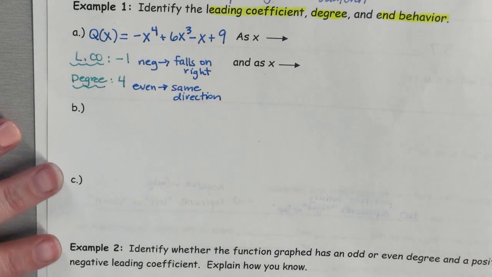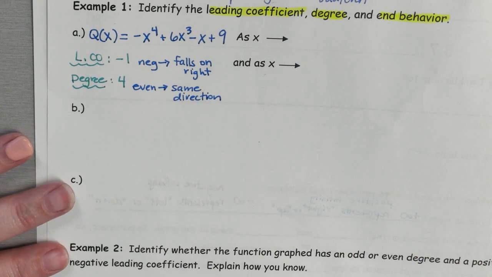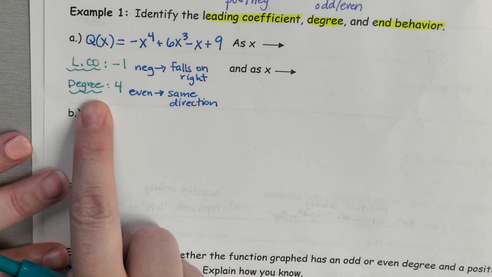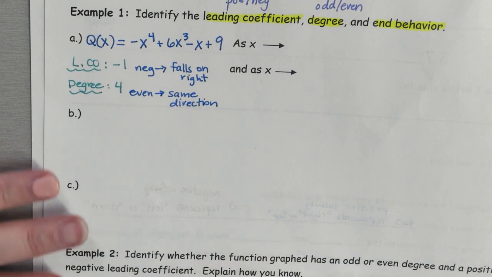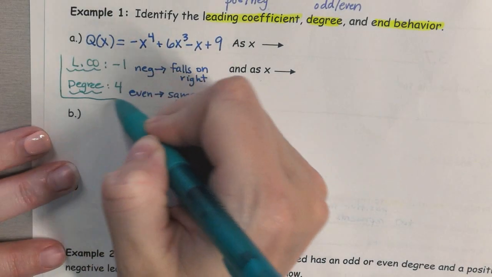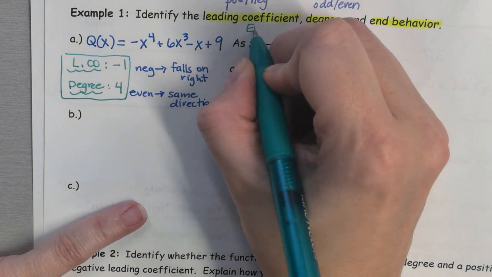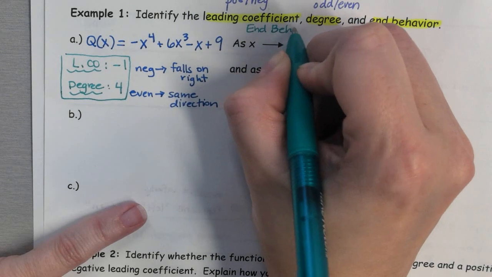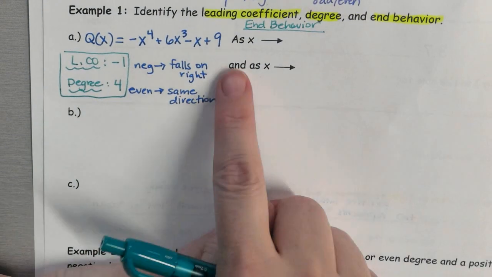It does say to identify what they are, so we did that, we identified them, and now we are going to do the end behavior. So we did the leading coefficient and the degree. Now we are going to do the end behavior.